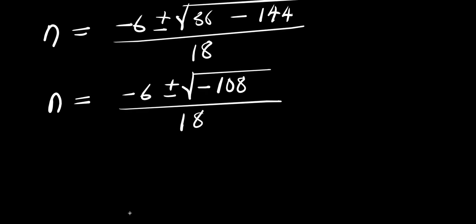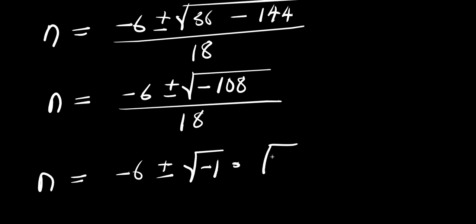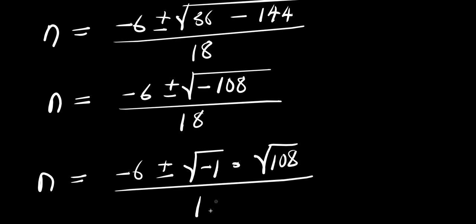There is a minus here, so we have square root of negative 1 times square root of 108, divided by 18.